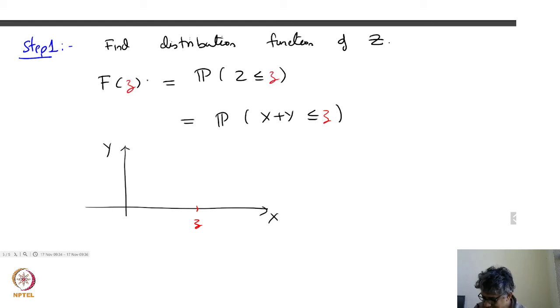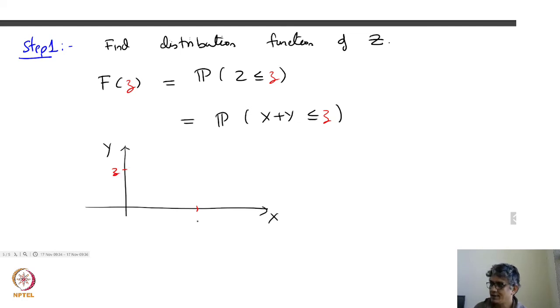So X plus Y less than or equal to z. You can let x go from 0 to z, and then y will have to go from, let's say z is a positive number, this way.